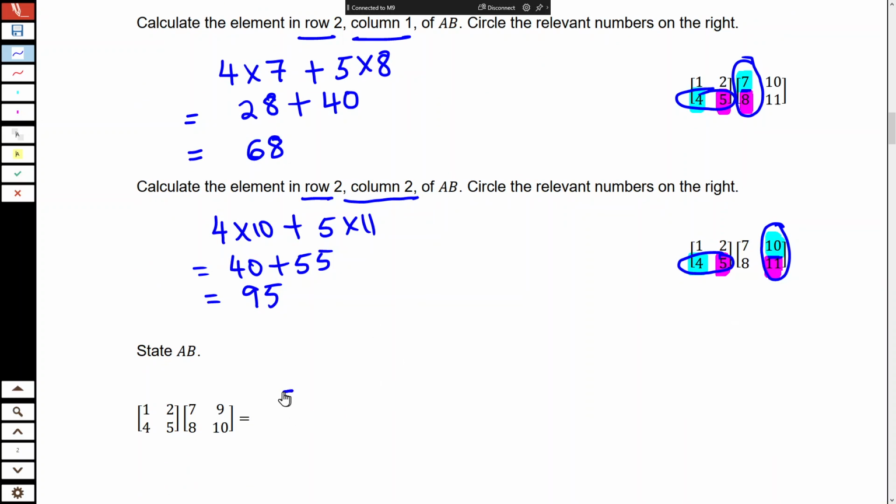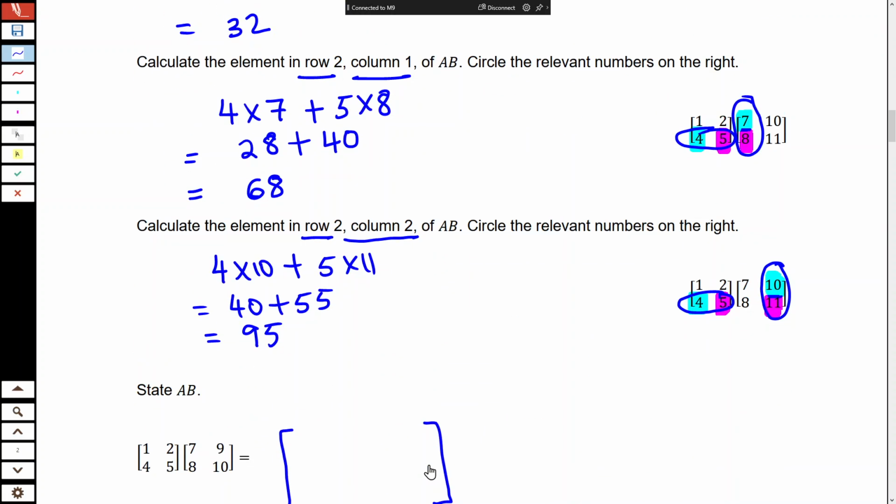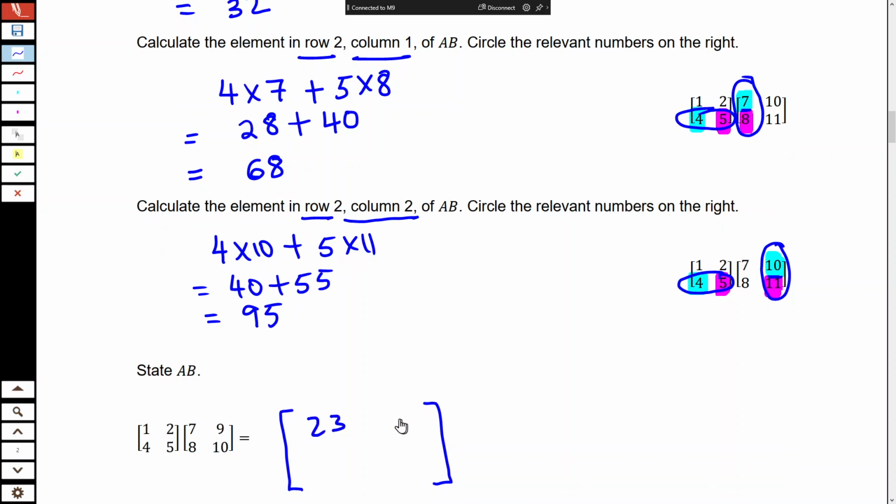Now, our final answer, if we were to multiply the two matrices together, we now put all the four numbers together. So 23, 32, 68, and 95.